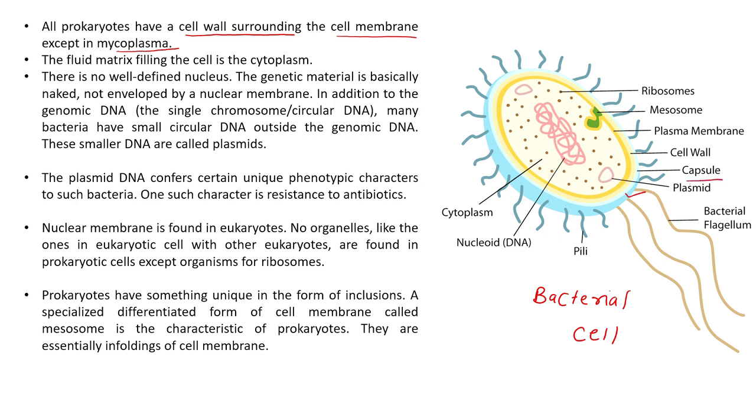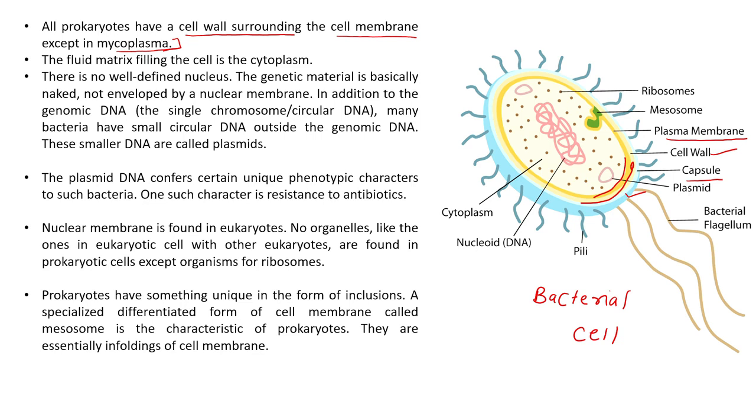Inside this capsule there is one layer, this whole layer is called the cell wall, and this cell wall surrounds the inner layer, which is called the plasma membrane. This cell wall is not present in mycoplasma, and it is present in all the remaining kinds of prokaryotic cells.